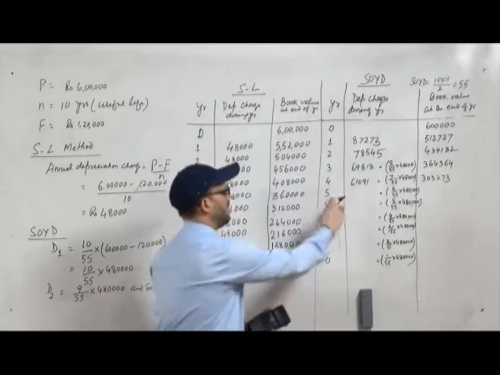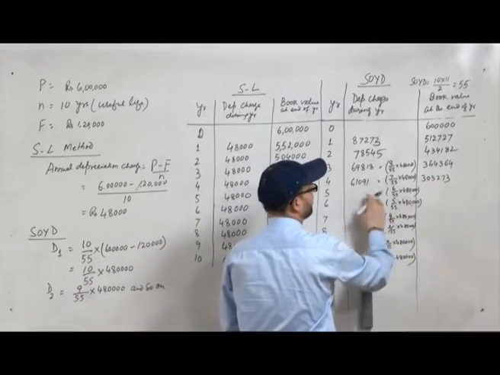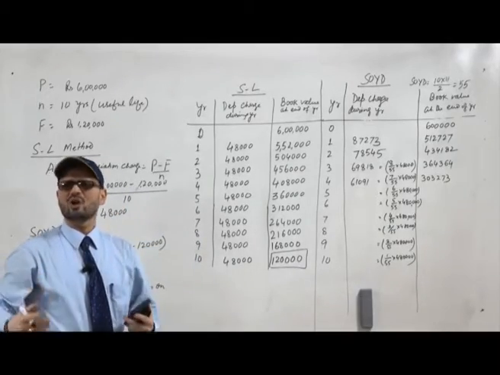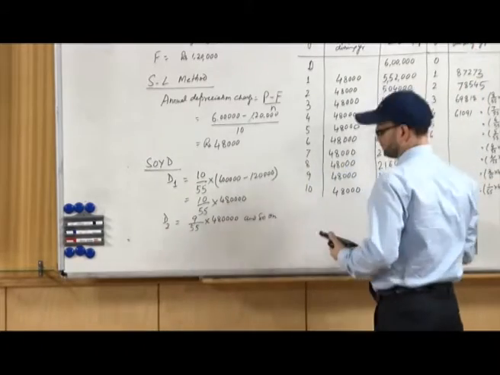Once we have the depreciation amount, it can be subtracted to get the book value at that time. So, this is how you solve the depreciation problem based on SOYD.